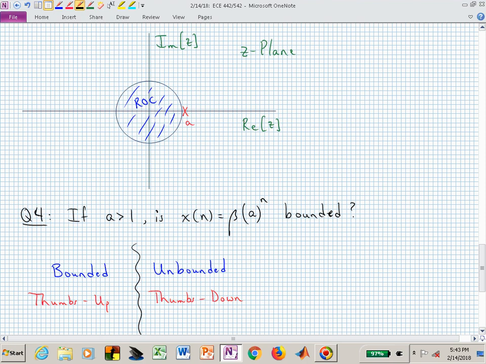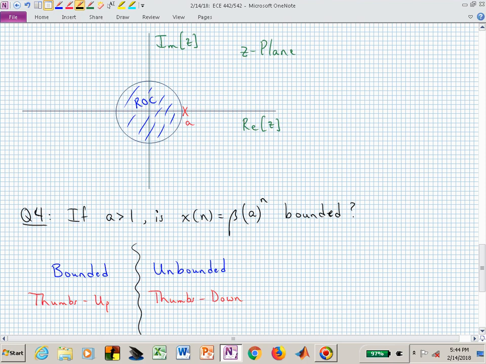Question 4. If A is bigger than 1 and it's in the positive right half plane of the z-plane, is x of n equaling beta a to the n bounded or unbounded? So now we have to answer.